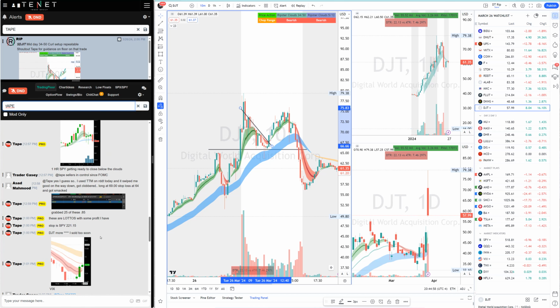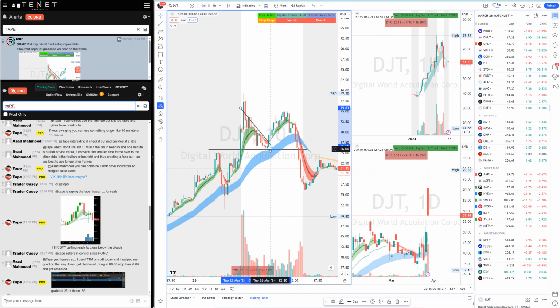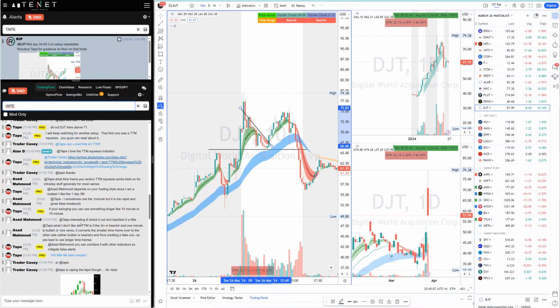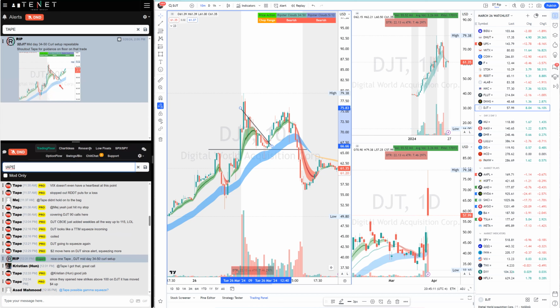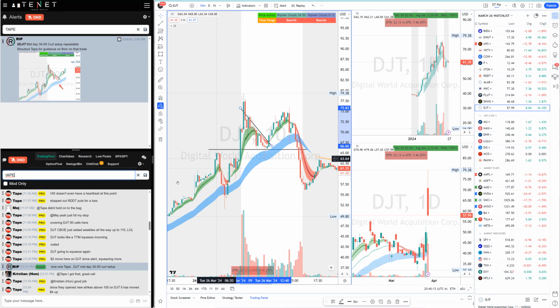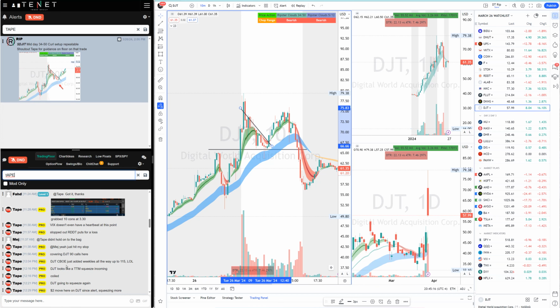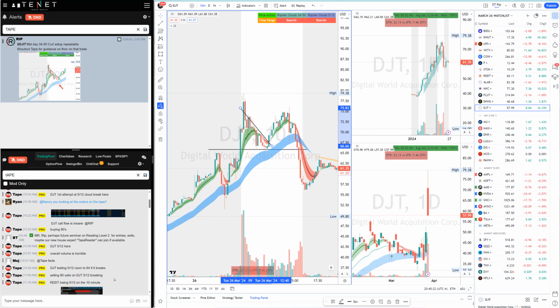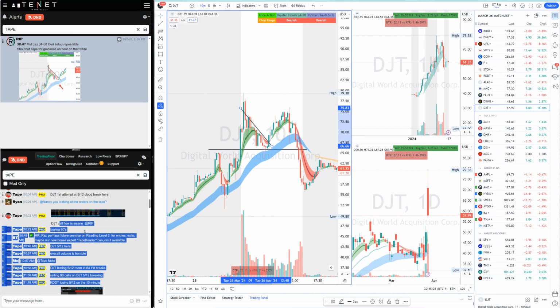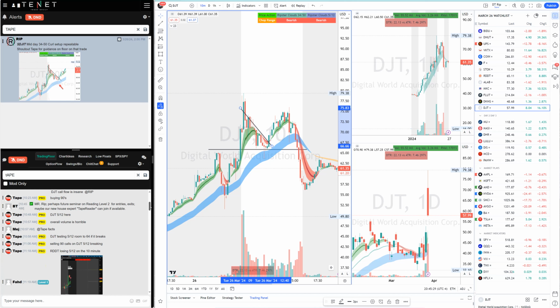Reversal from the 34.50 cloud, that's your risk, and it traded from $67 back to $75. So that was the plan on DJT. I didn't do anything, but I would have traded the opening long and then the midday curl by Tape. Beautiful call. You can see all the comments by Tape. Well done on that midday curl. He saw the flow coming in, and that's what it was.